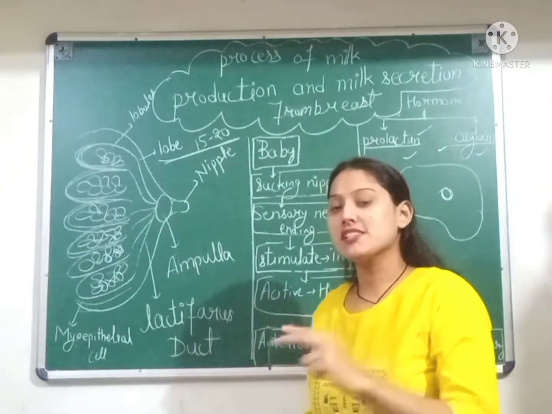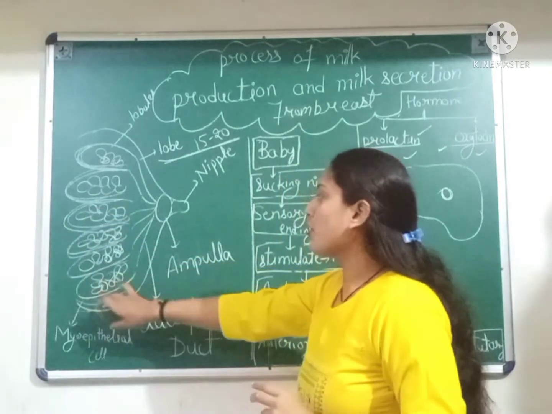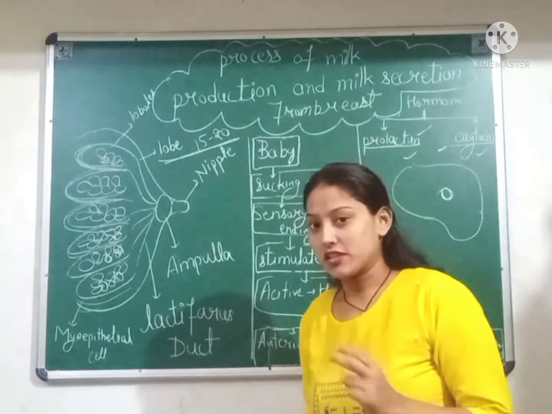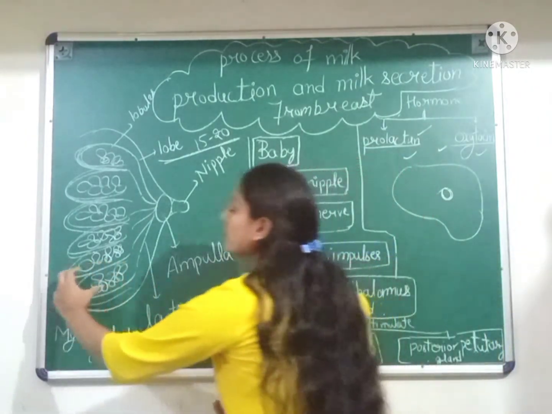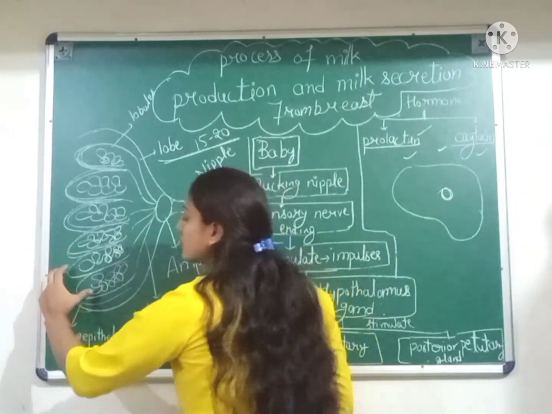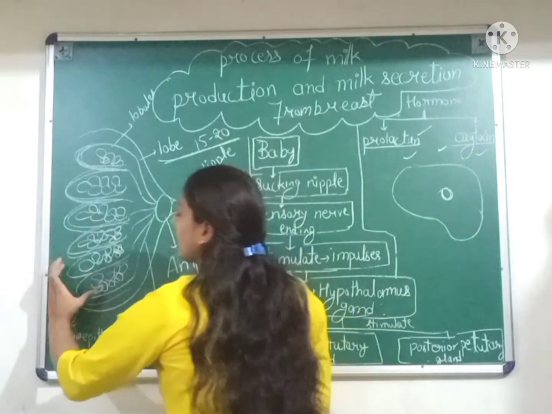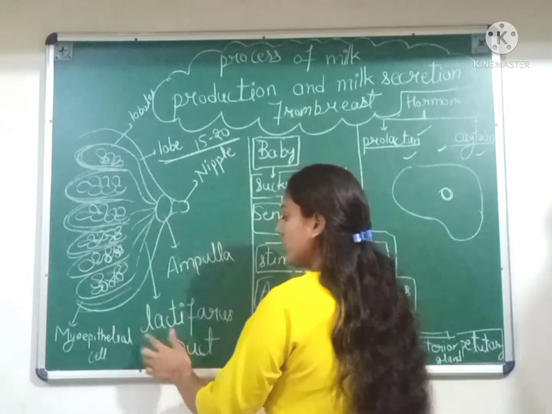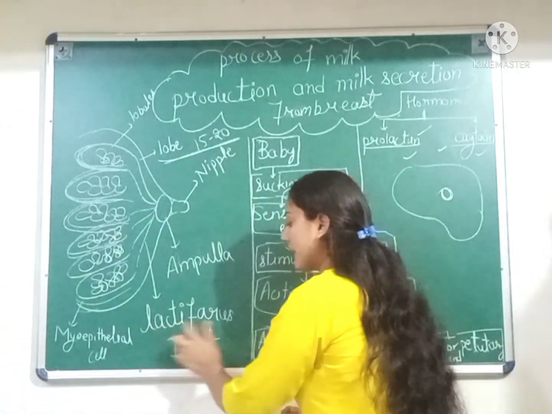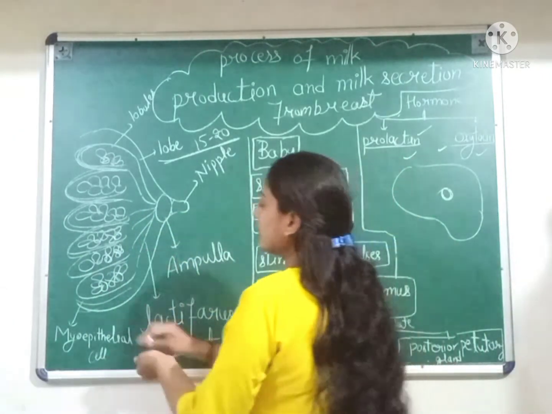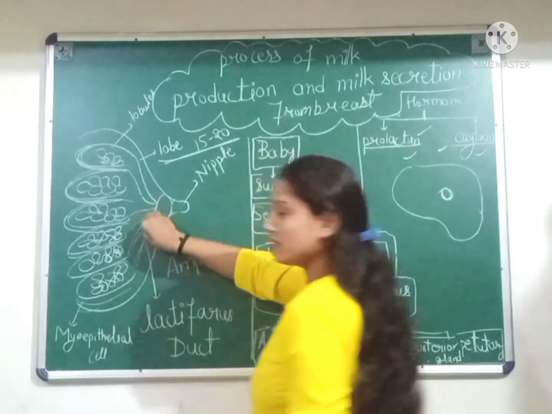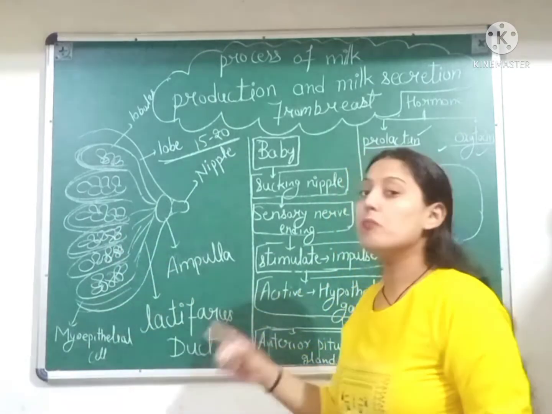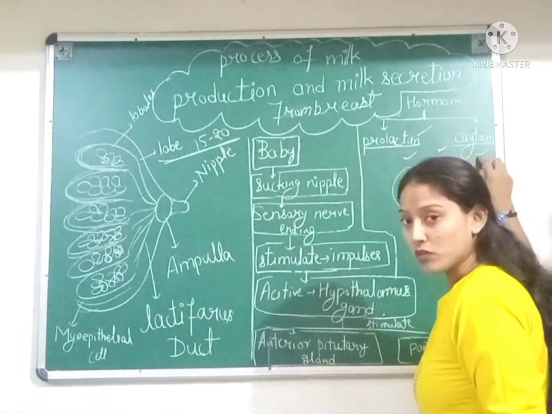When the contraction starts, the milk from the lobules and lobes is pushed into the ducts, and the milk is collected by the lactiferous duct. This whole process continues because of the oxytocin hormone.